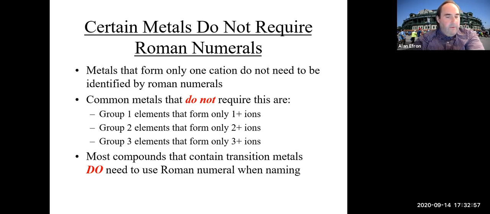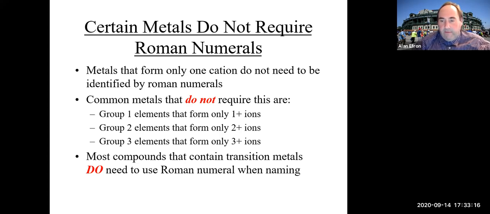Okay, so we've been talking about nomenclature, basically how to name things here. And last time we talked about ionic compounds, really, and sort of classified sometimes as type 1 or type 2 ionic compounds.